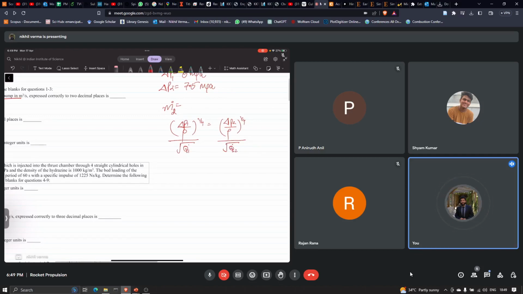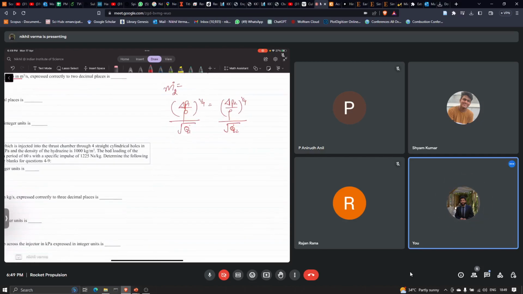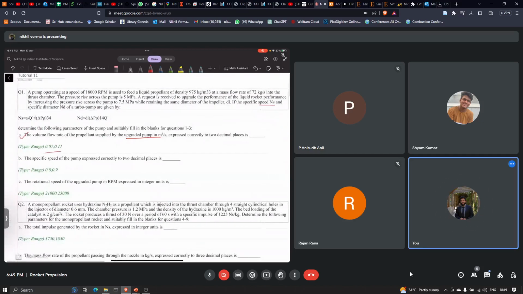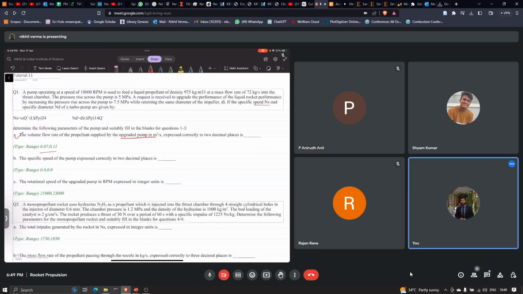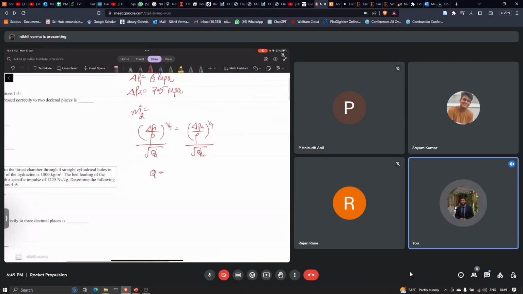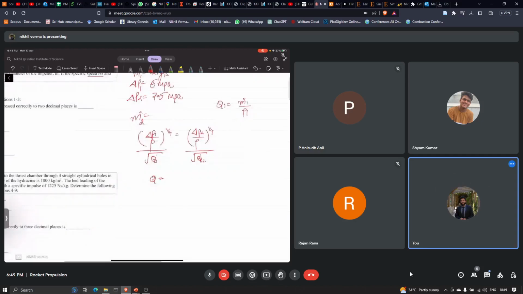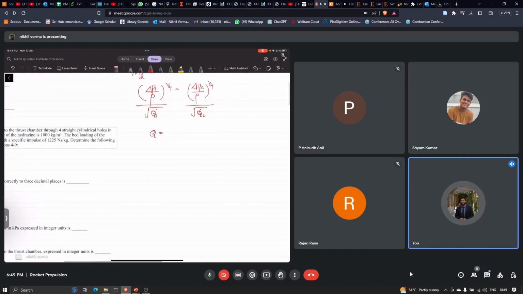If you substitute this, you can calculate q1. Q1 is m dot 1 divided by rho 1, right?